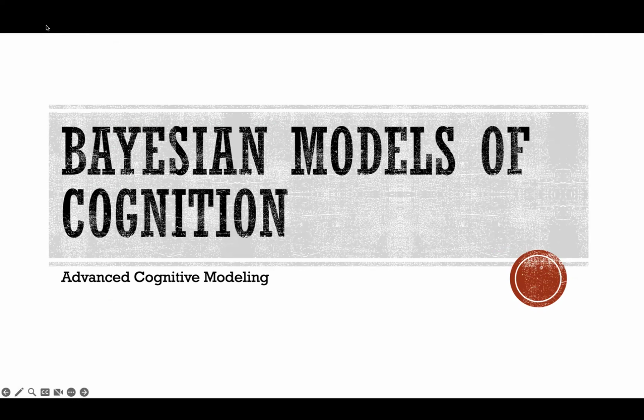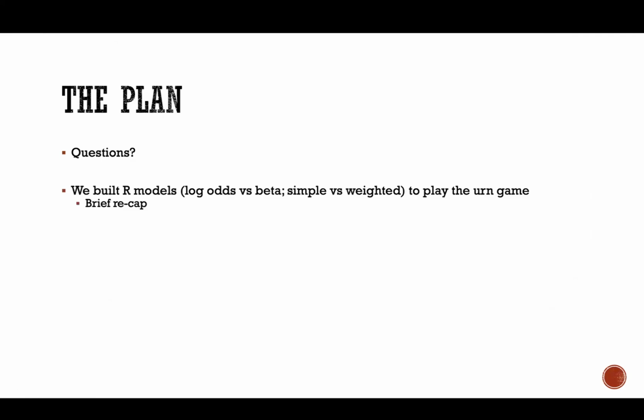So what we're going to do today is first, as usual, if you have questions, they're very welcome. Then we will do a brief recap of how we built the R models of the Bayesian models. We will then build the Stan version, do model quality check, run the model comparison, and do the multi-level version.